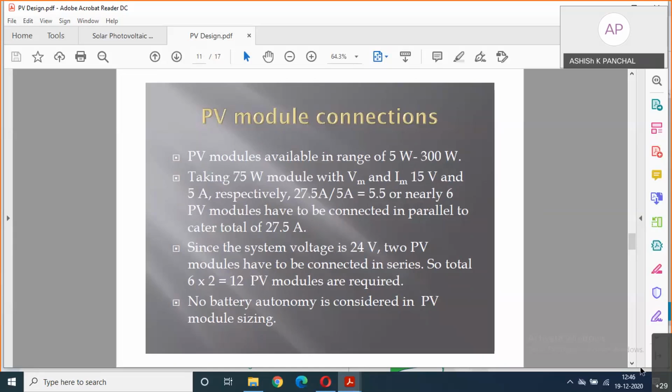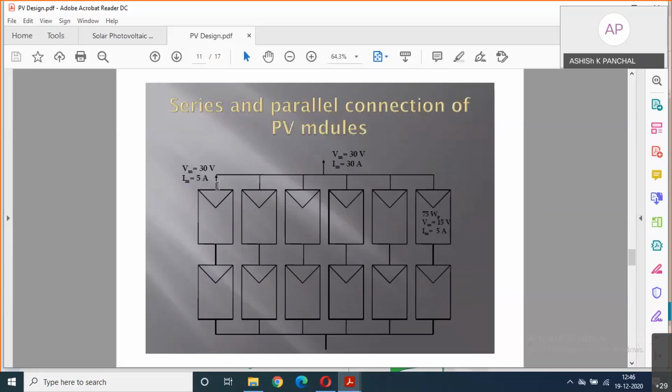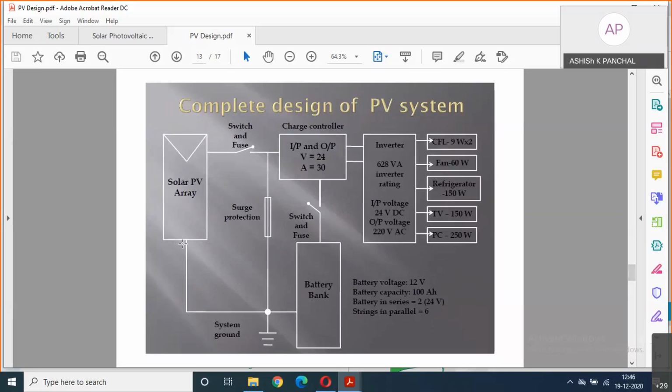So the current is 27.5 ampere. Okay. So I have shown you the battery connection, and now connect any battery.